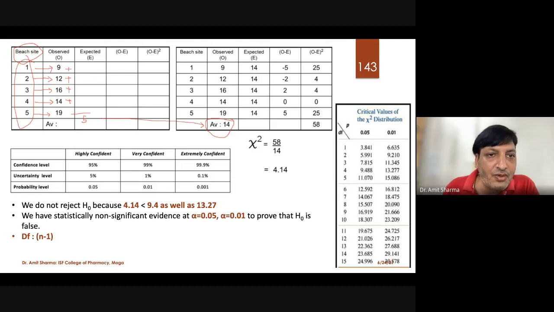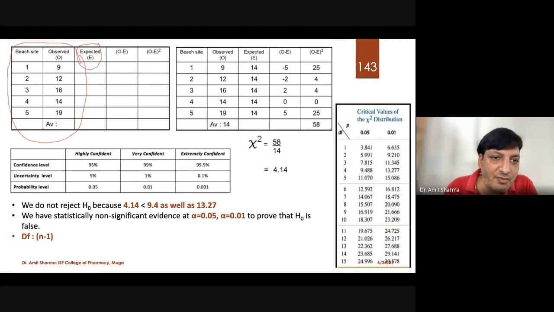Clear? So the examiner will give you only the numerical data. He will not give the value of expected. If the examiner has given the value of expected, then you don't have to bother. Otherwise you have to calculate.